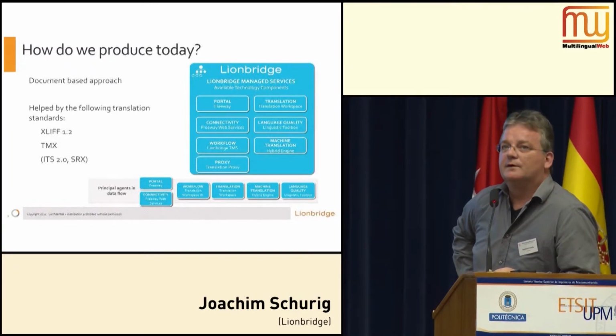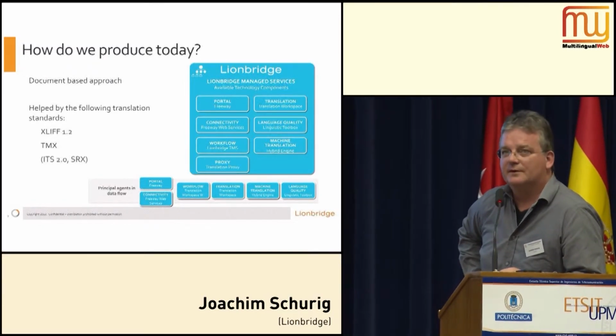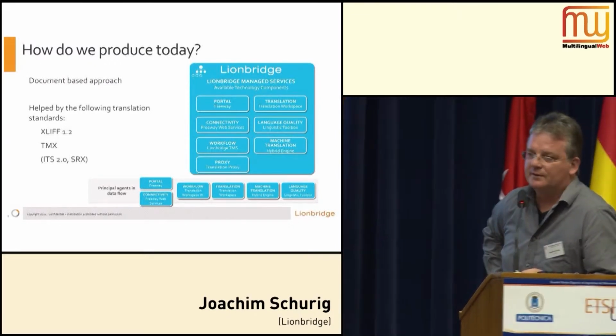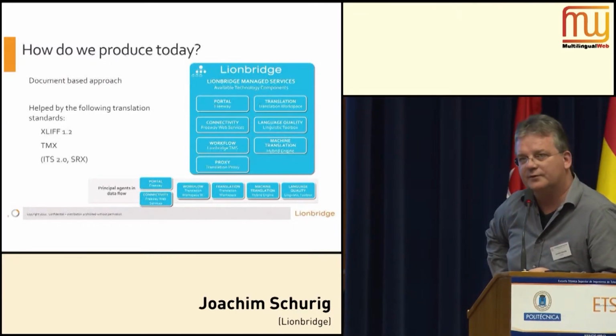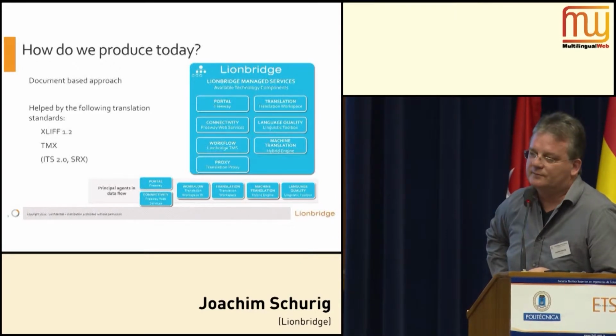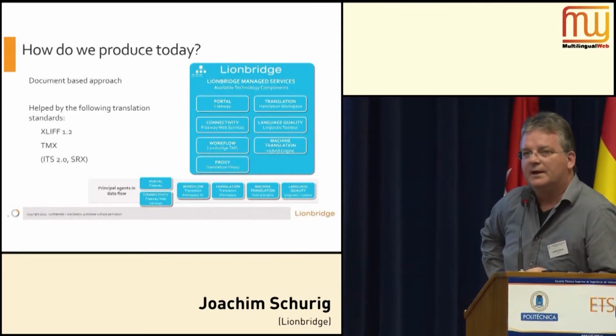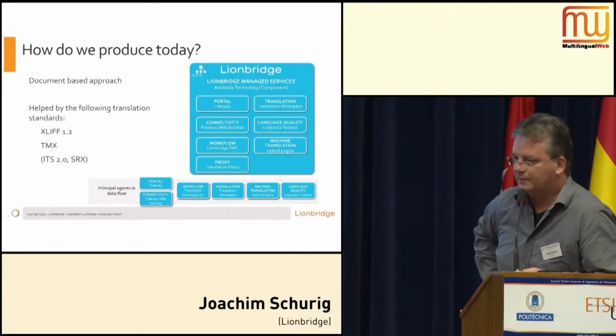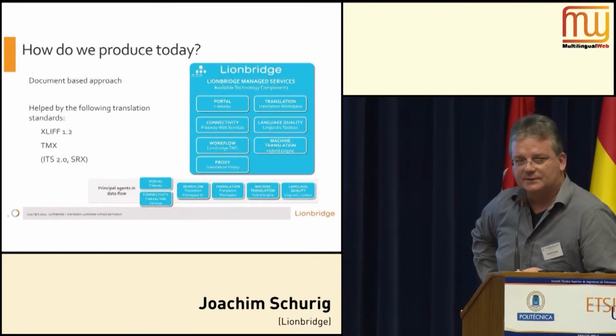We use a number of standards in this workflow these days. We have switched nearly the complete production to XLIFF 1.2 over the past, let's say, 6 years, and have now a saturation of about 96% of our words translated. The rest is still going through the old RTF.